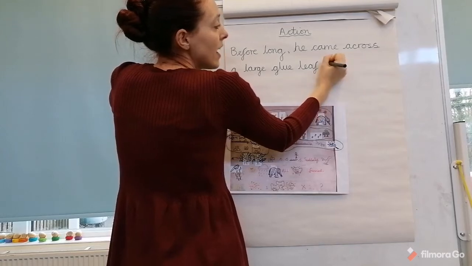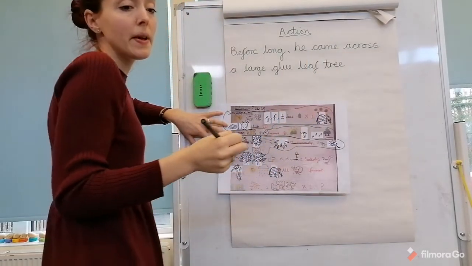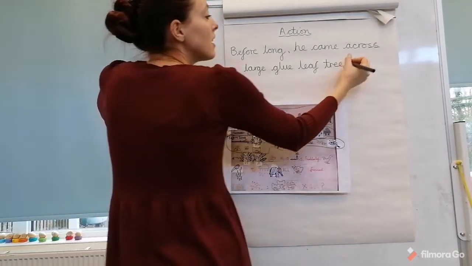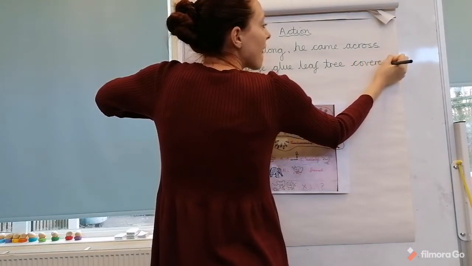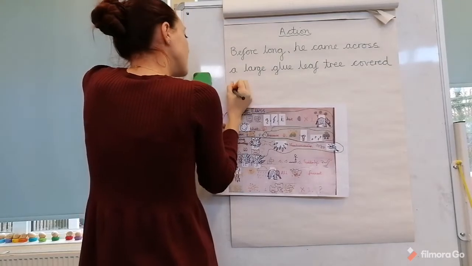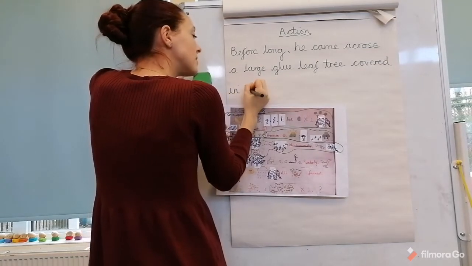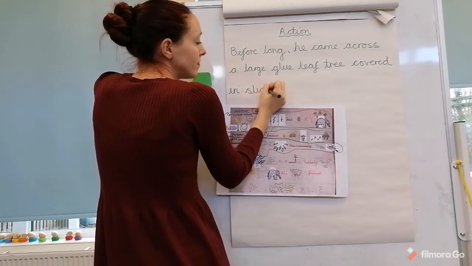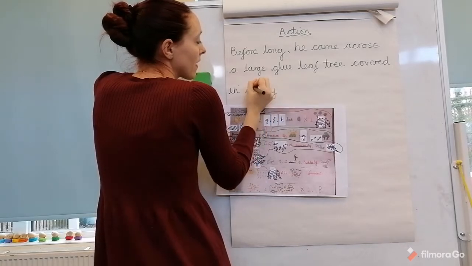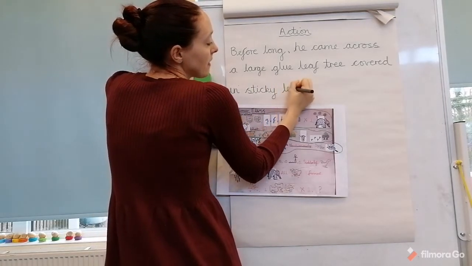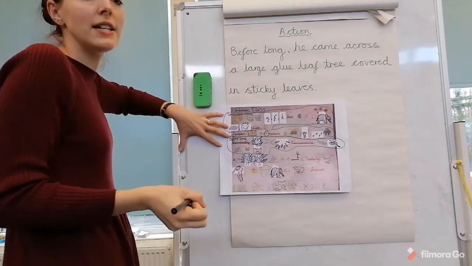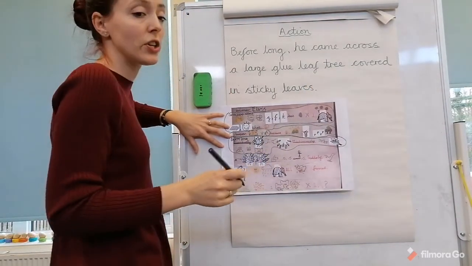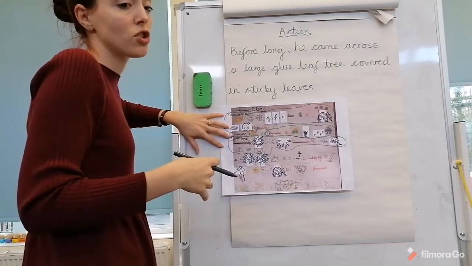Now that is a tree that I have completely made up. It does not exist. Covered in sticky leaves. Okay, so he's seen something else that is going to make him want to play a trick.